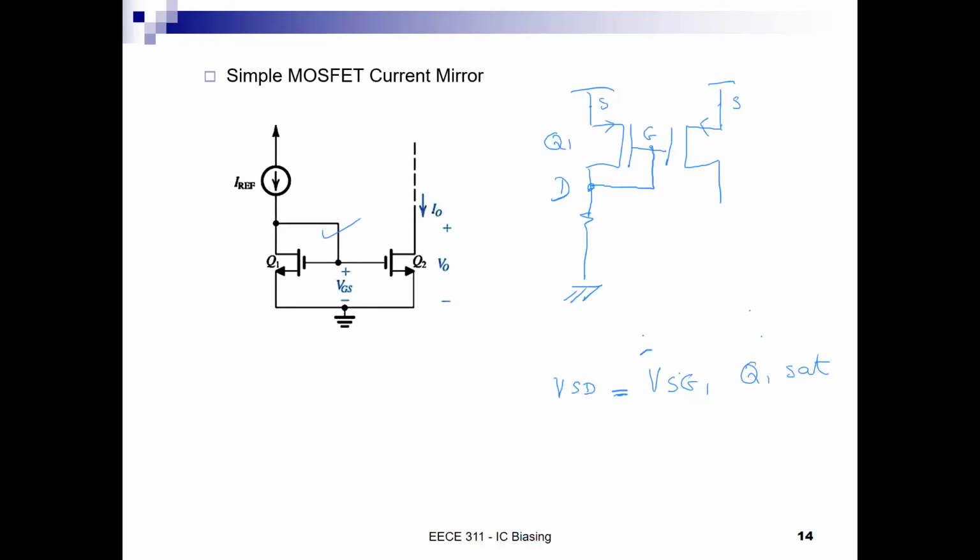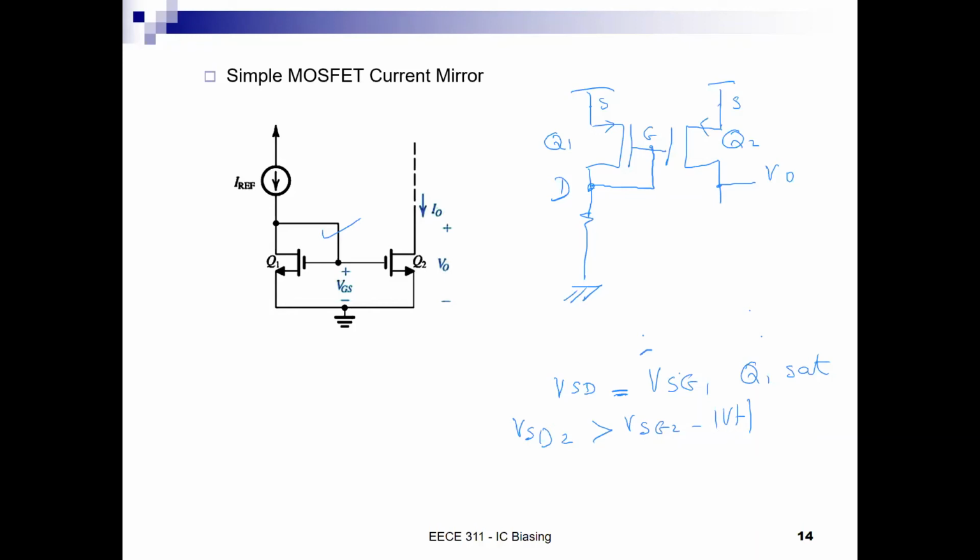Great. Now the same conditions that govern the NMOS are going to govern the PMOS. What is the criterion for Q2 to be in saturation? We want VO to be at least greater than or equal to VSG. Let us start from the rules. We want VSD2 greater than VSG2 minus magnitude of VT, right?